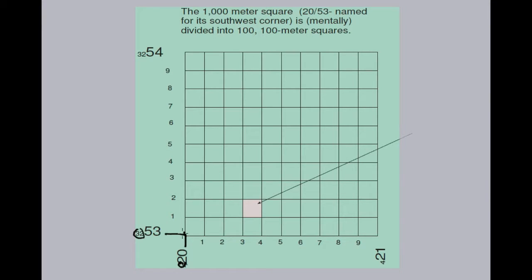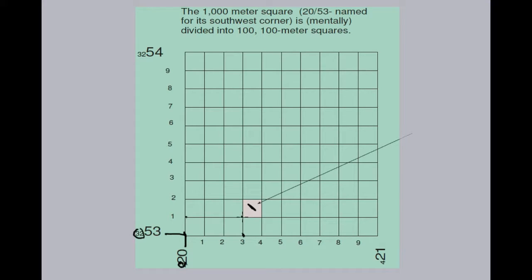So you say, well, let's start right here, and since we're about here somewhere, looks like we're in about 3, and we're at about 1.